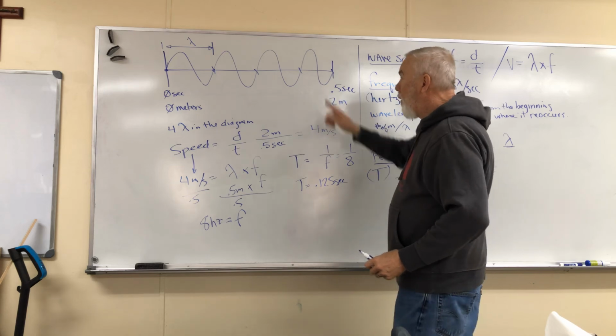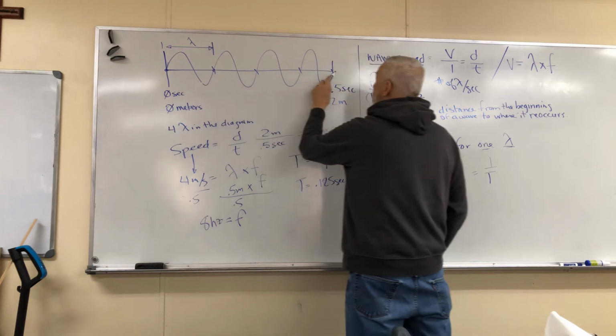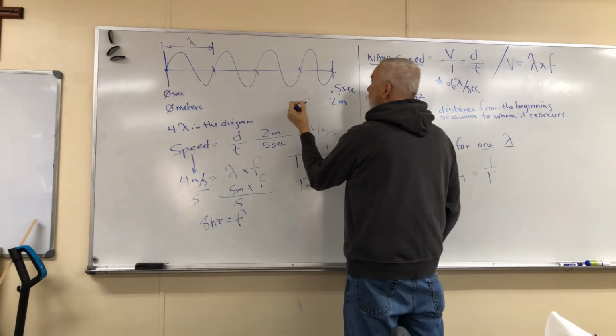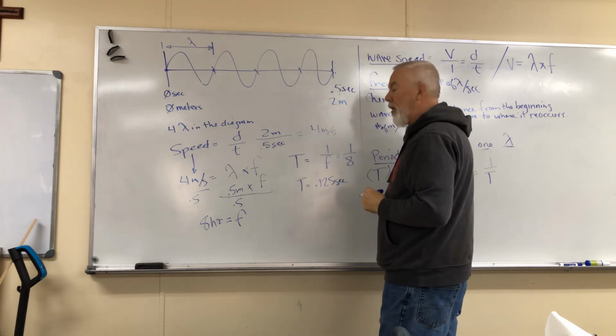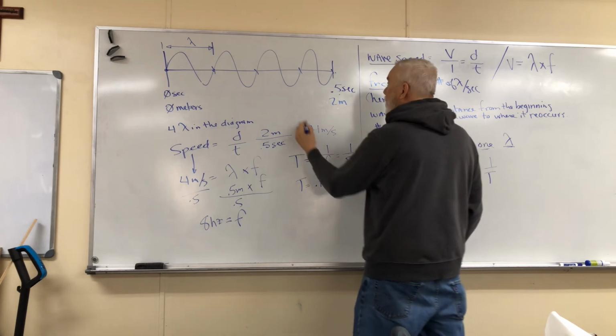Another way that you can get that is that if there are 4 wavelengths that take place in 0.5 seconds, then you could take that time divided by 4, and that should also give you the same value.